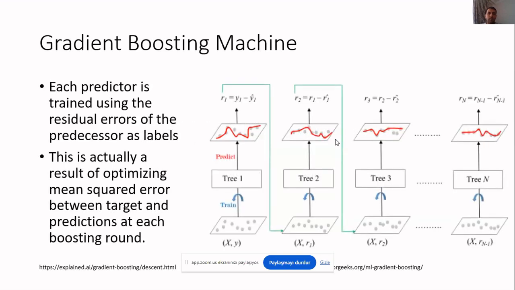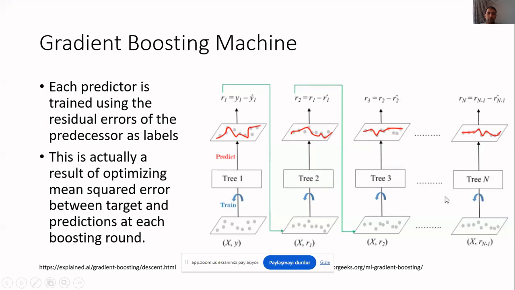Gradient boosting machine is an algorithm where you iteratively train decision trees based on residuals. At each boosting round, you learn the residuals, the errors of the previous rounds.